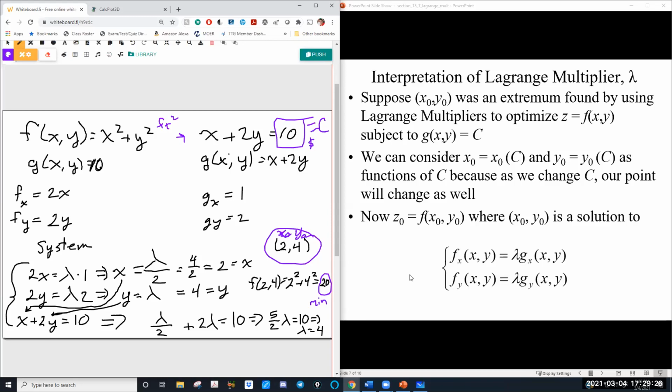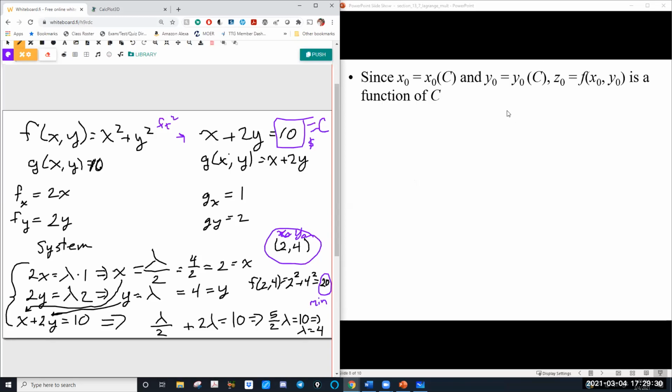Now, this is going to be a chain rule thing, so I don't want you to worry too much about this next slide. We'll come back to it on Tuesday. But when we look at the change of Z0, which is our optimal value, that would be the 20 in this case.